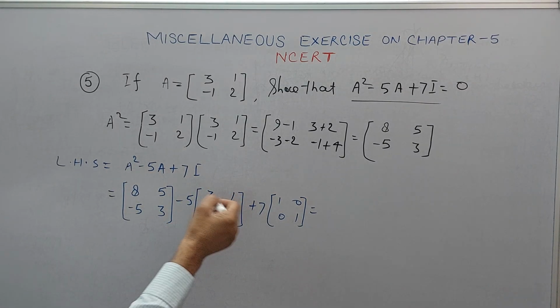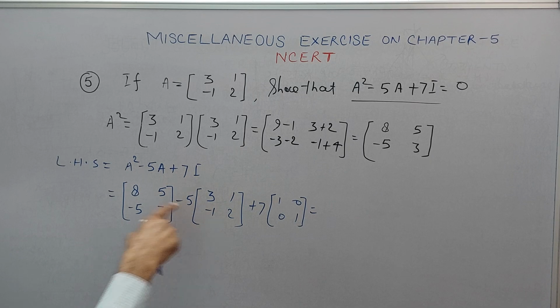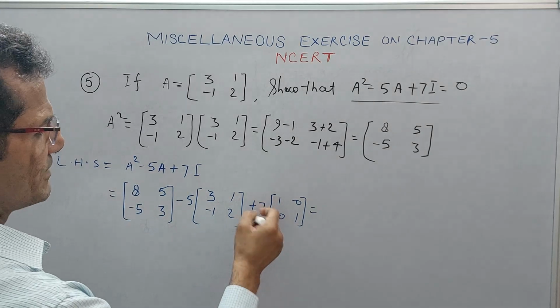First we have to multiply the entries of this matrix by 5 and the entries of this matrix by 7.